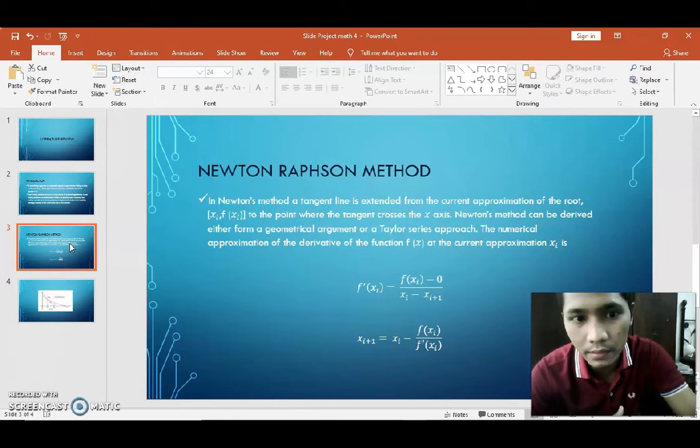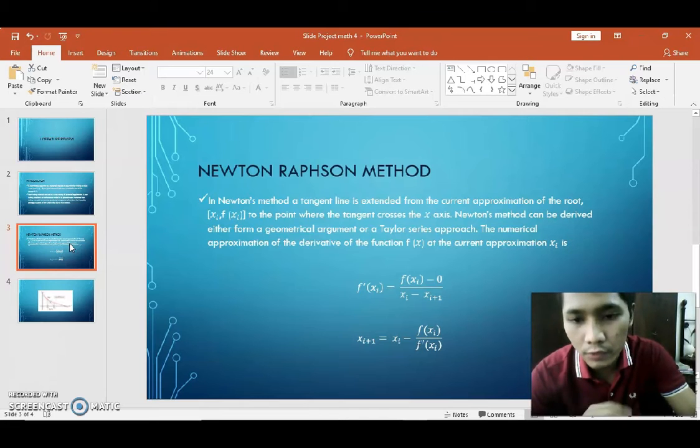Newton's method can be derived either from a geometrical argument or a Taylor series approach. The numerical approximation of the derivative of the function f(x) at the current approximation xi is f'(xi) equal to (f(xi) minus 0) divided by (xi minus xi+1).